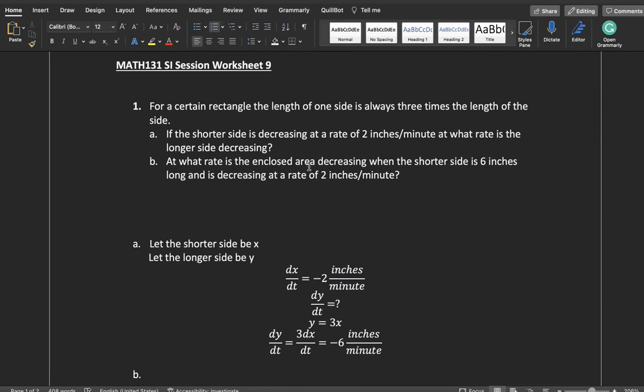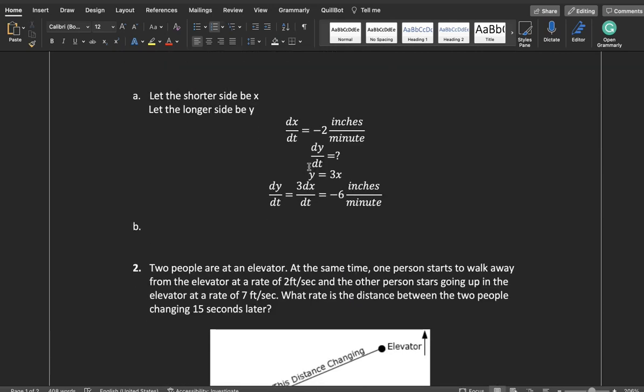What's the formula for the enclosed area of a rectangle?